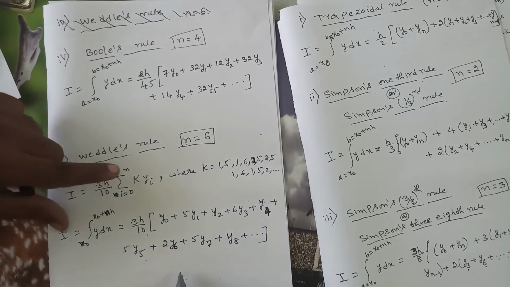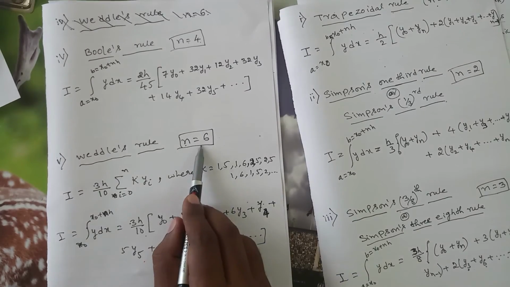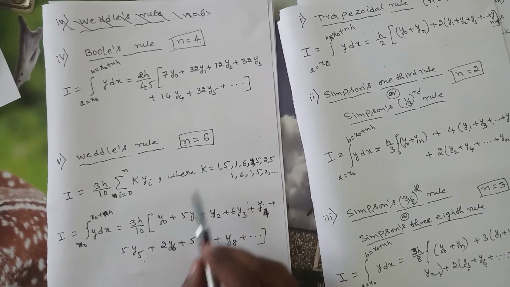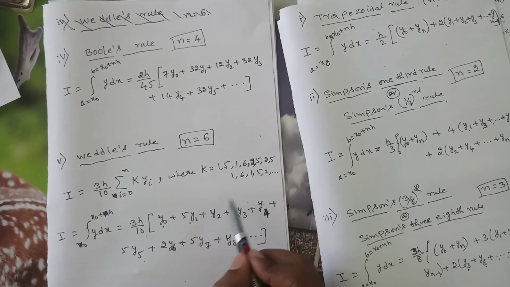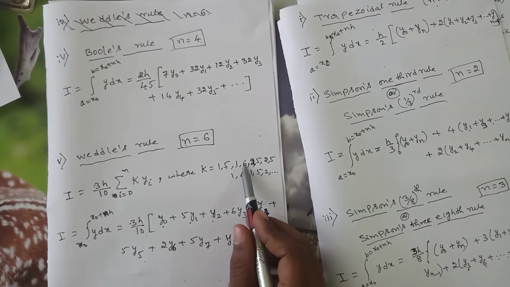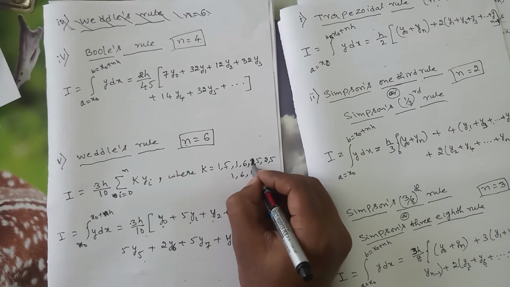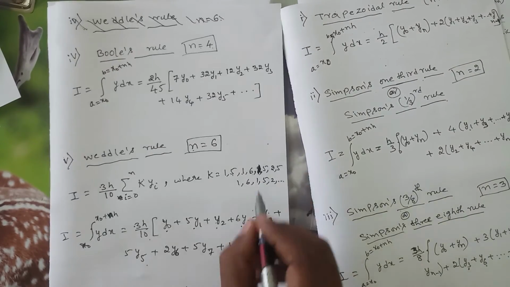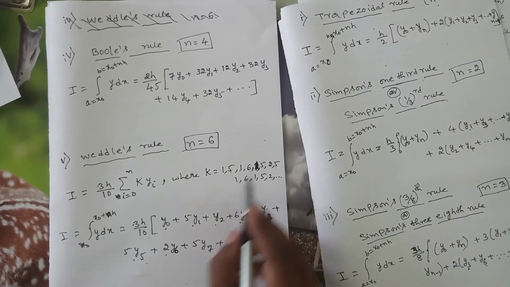So here, if you put n equals 6, what do you get? 1 times y0, 5 times y1, 1 times y2, 6 times y3, 1 times y4, 5 times y5, and 2 times y6.